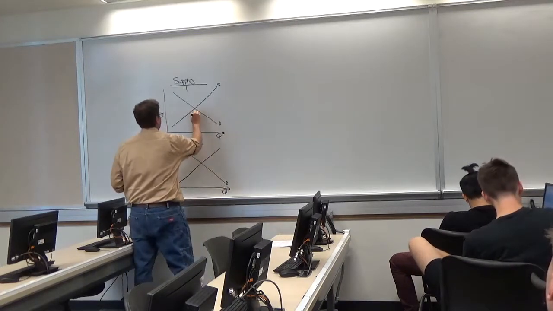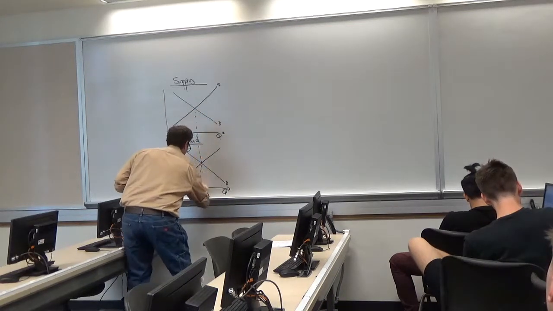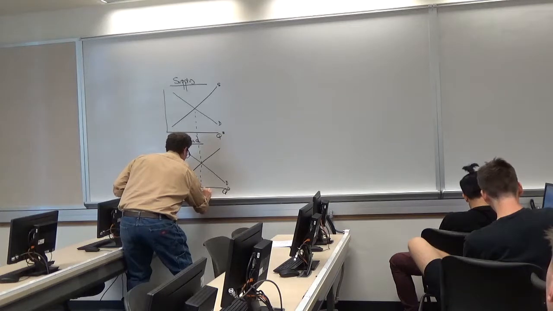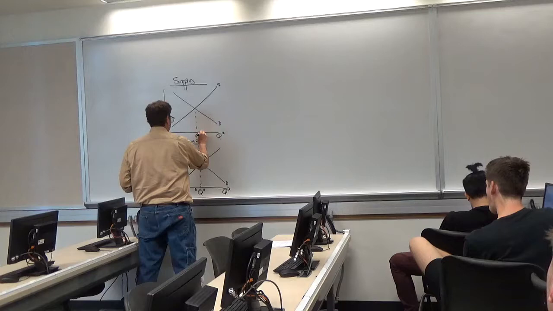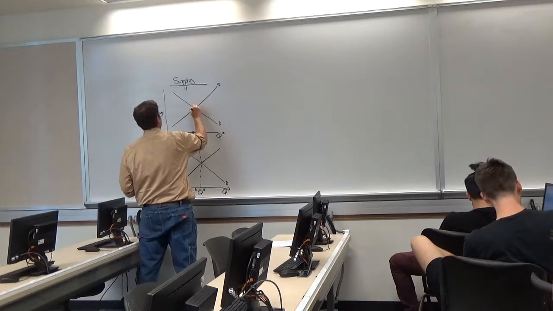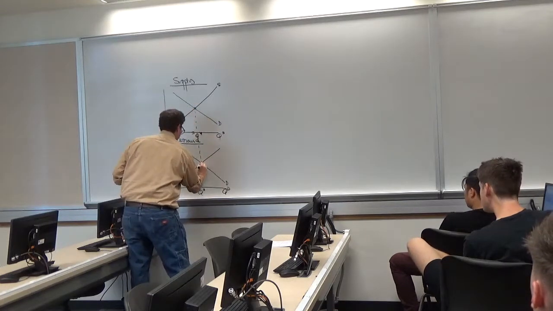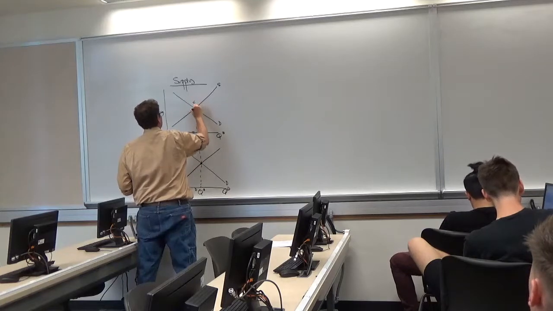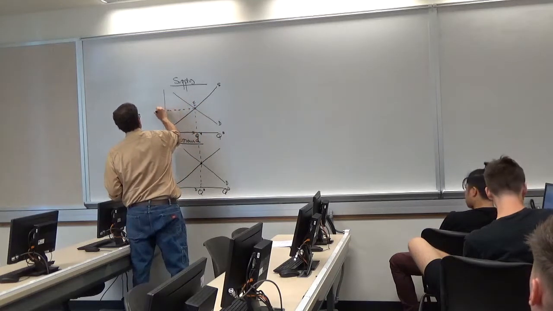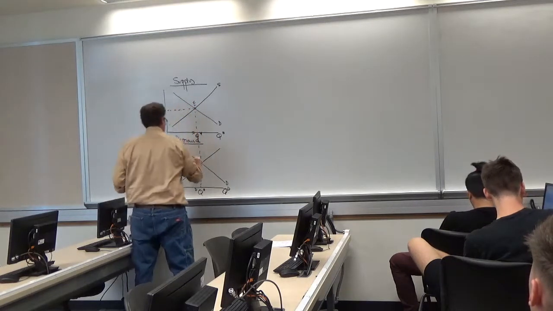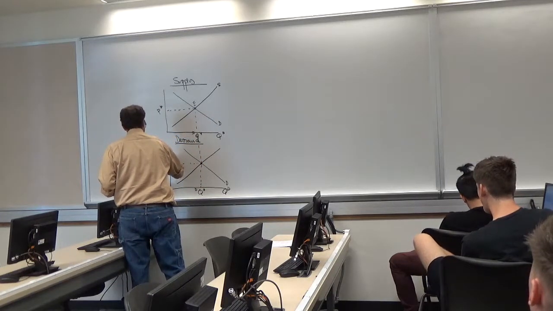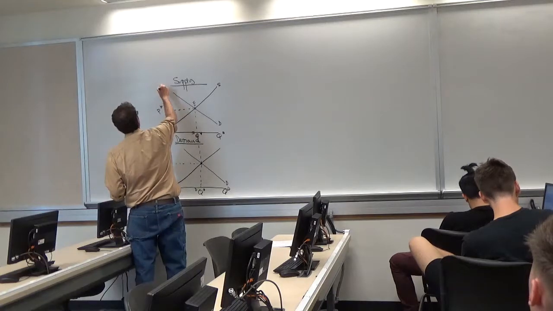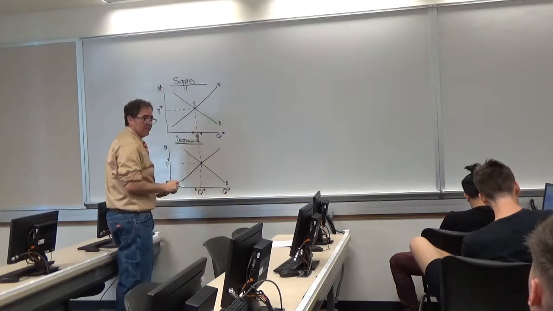This is how I set it up, just like this. Q star, D, Q star, supply. What's this point right here? And then this point right here. It's the market clearing price. This is price.